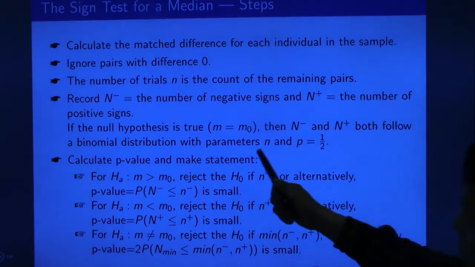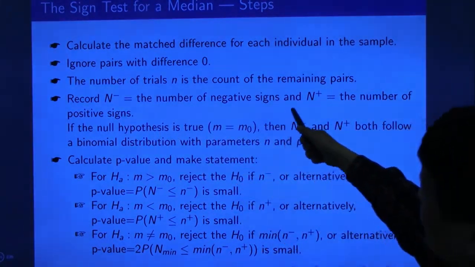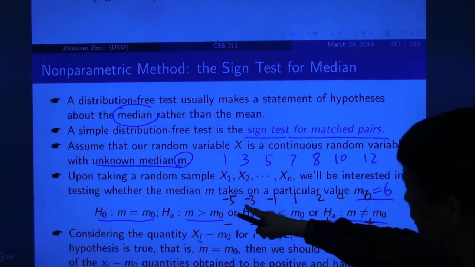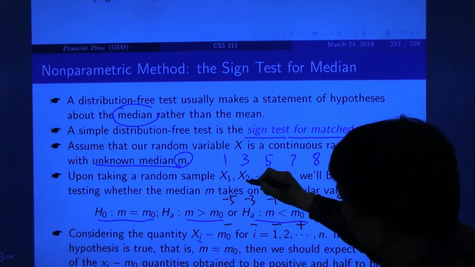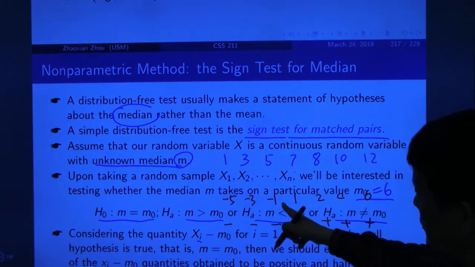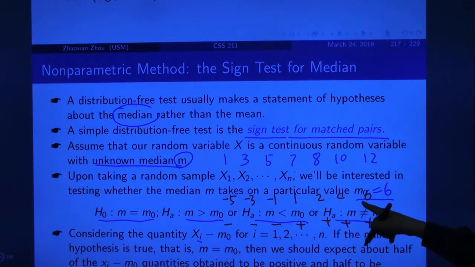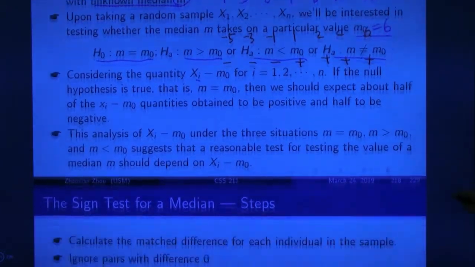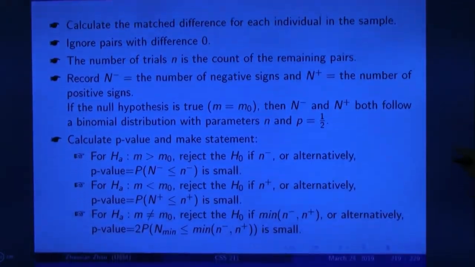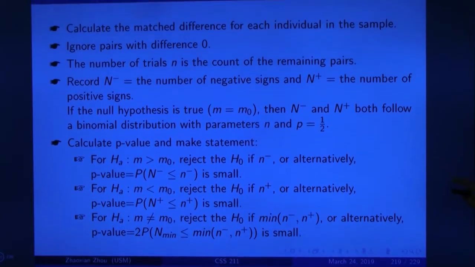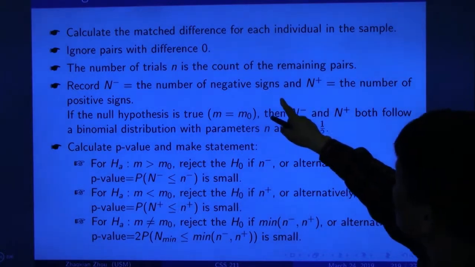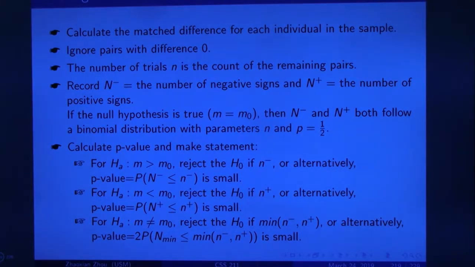Then we record N minus, the number of negative signs, as we calculated here. So in this example, capital N negative equals 3, and capital N positive equals 4. So we write all these numbers. N minus is the number of negative signs. N plus is the number of positive signs.